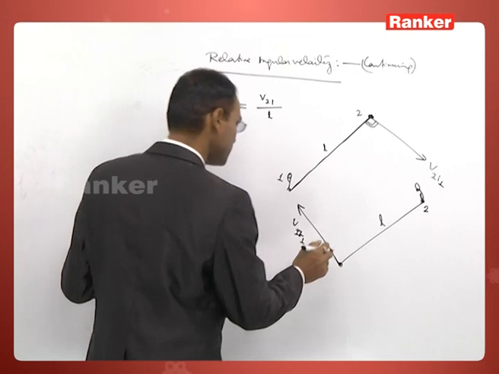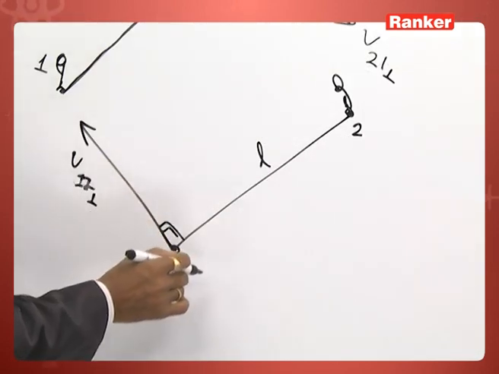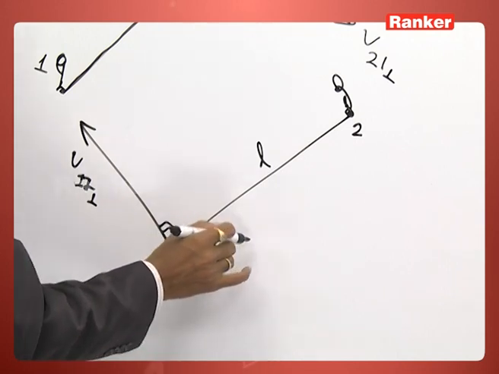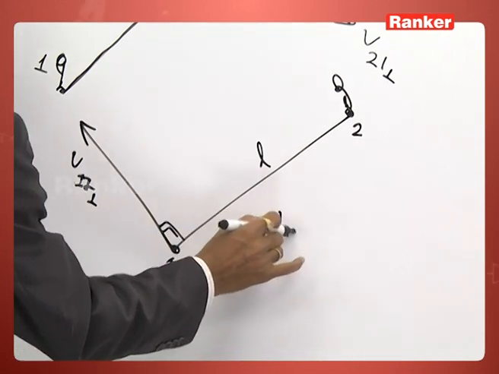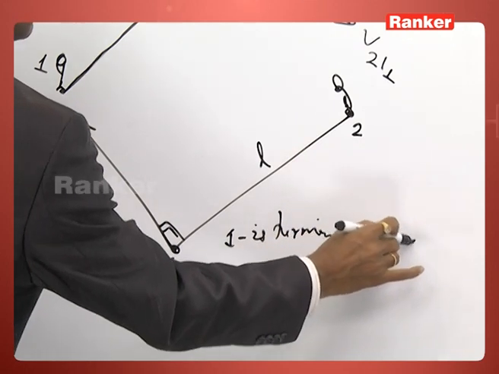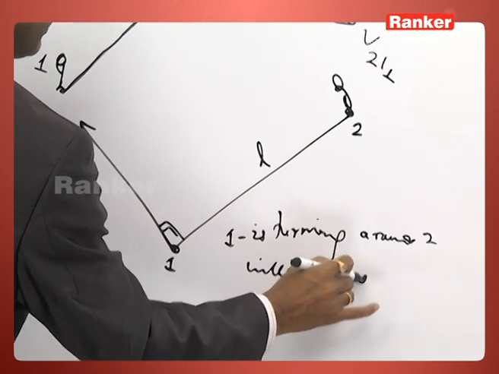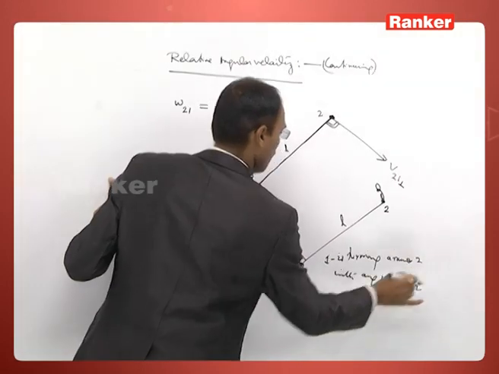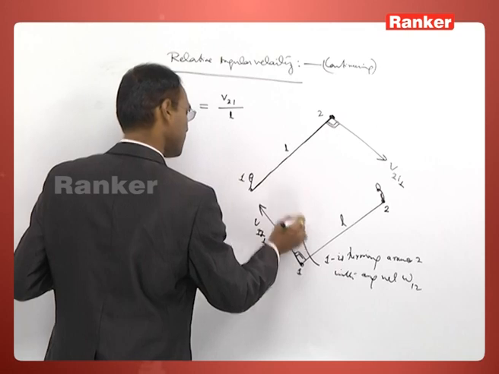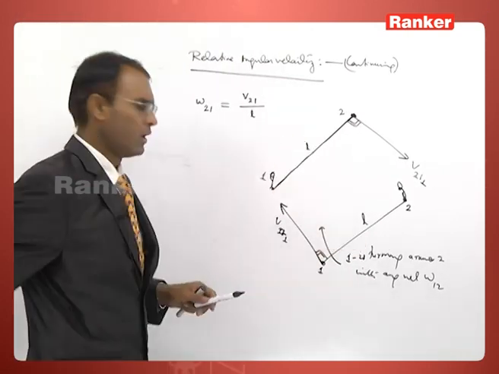So we can say that 1 is turning around 2 with angular velocity omega 12, in clockwise sense.